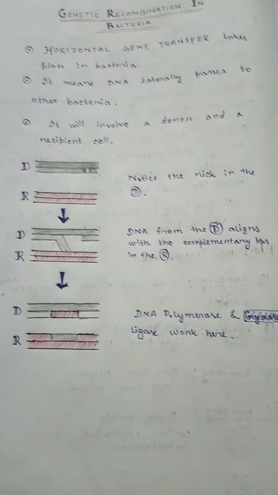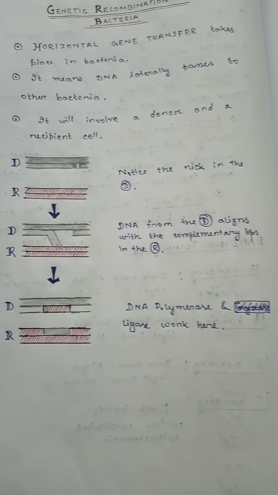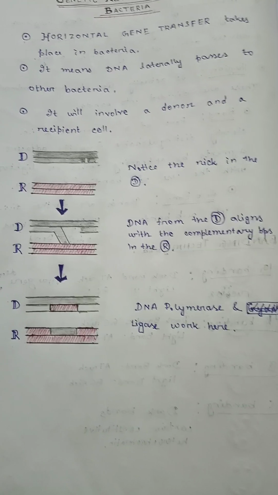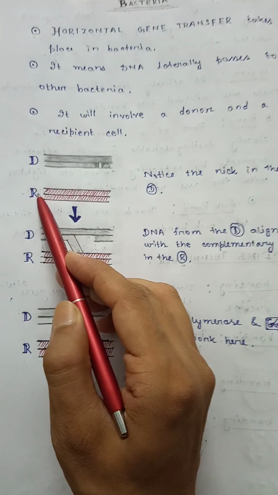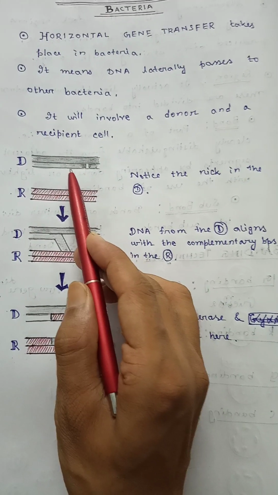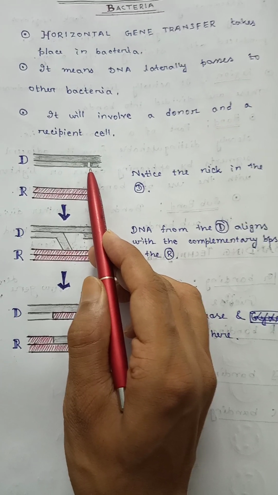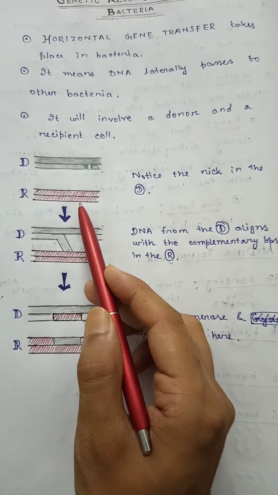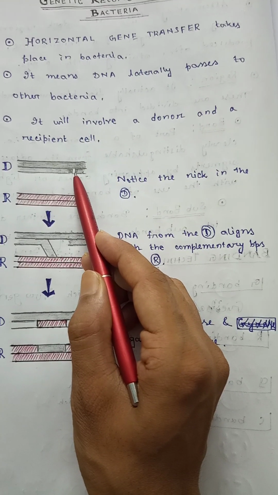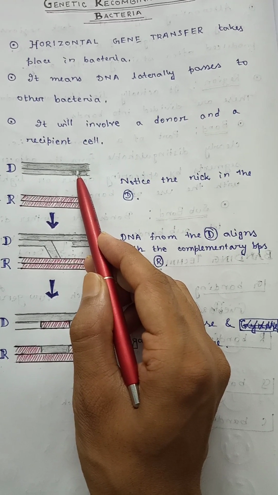Now check this diagram. Here I have tried to help you understand, through this schematic diagram, how the recombination works. Here you can see this is D and this is R. D means donor and R means recombinant. So this is the donor cell, or you can say donor DNA, and this is the recipient DNA. Here you can see there is a nick in this donor part, right?